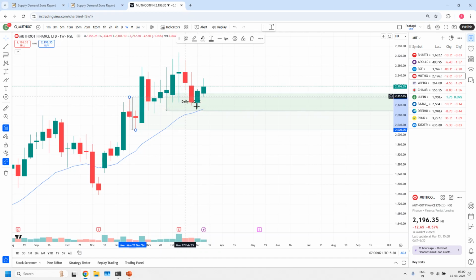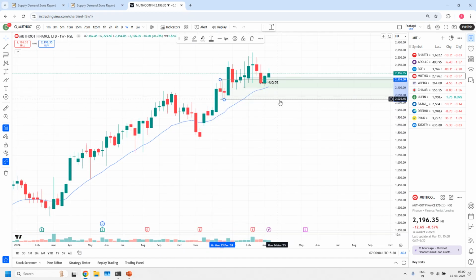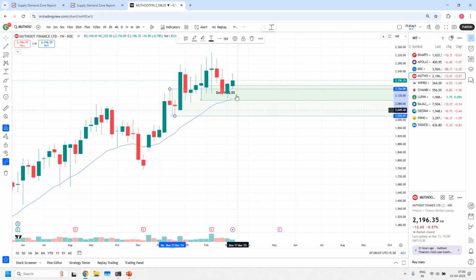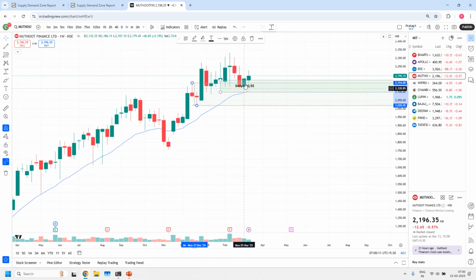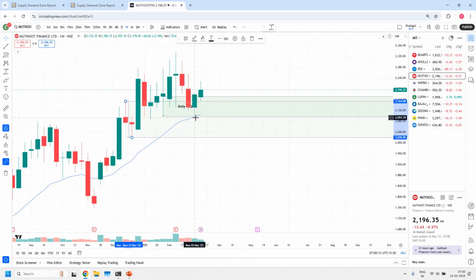That's why this daily is an even stronger order, high probability to get success. Already it got the success. Prices came near to the weekly EMA and see the move. First week it moved, next week it moved. Next week means this current week, the just completed week.